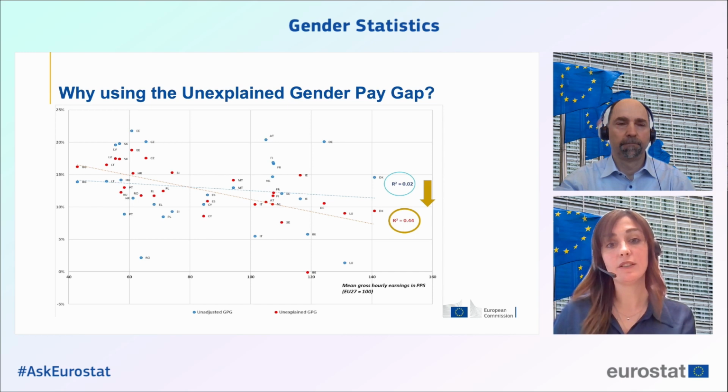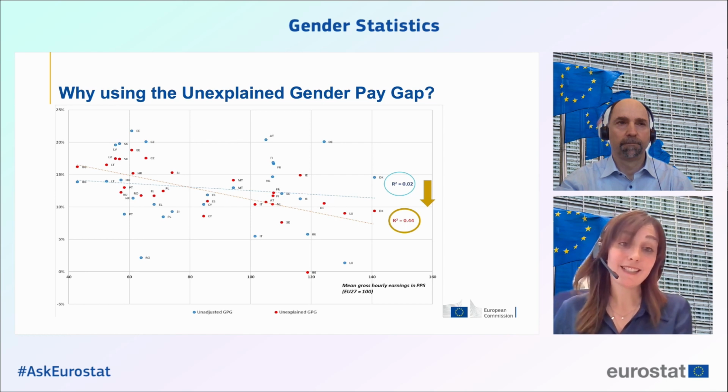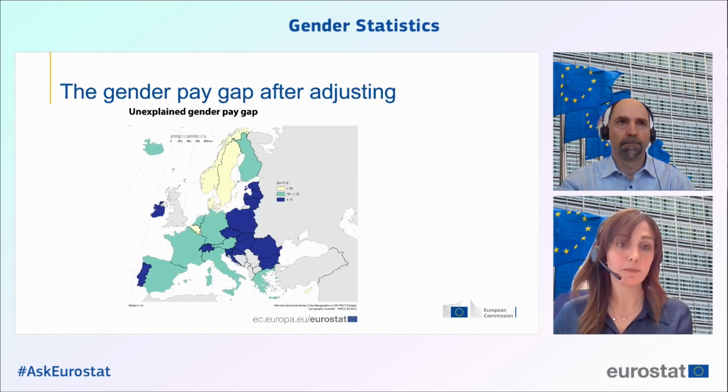Therefore, we consider that the adjusted gender pay gap is more appropriate for cross-country comparisons. At least it corrects some of the compensation effects, and it's better aligned with other indicators of socioeconomic development.